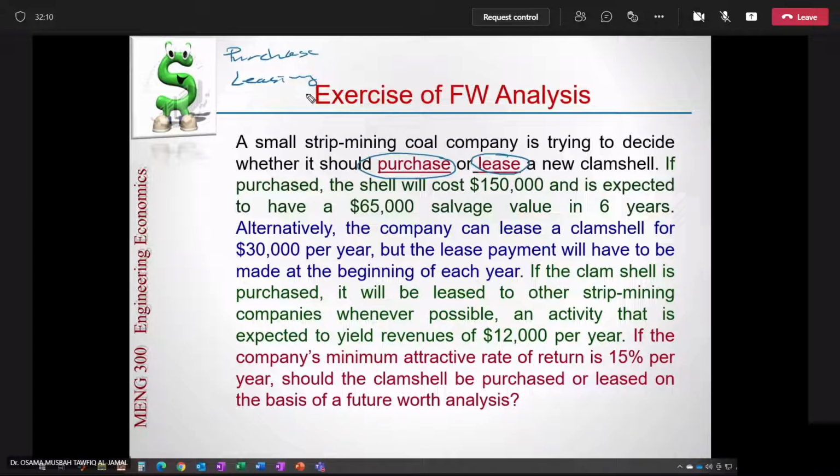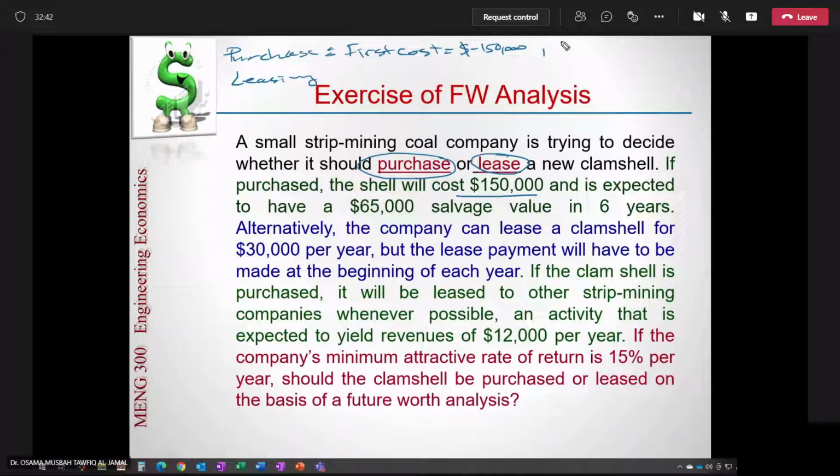If purchased, what do we have? The clamshell will cost 150,000. That's the first cost. And it is expected to have a 65,000 salvage value in year 6.